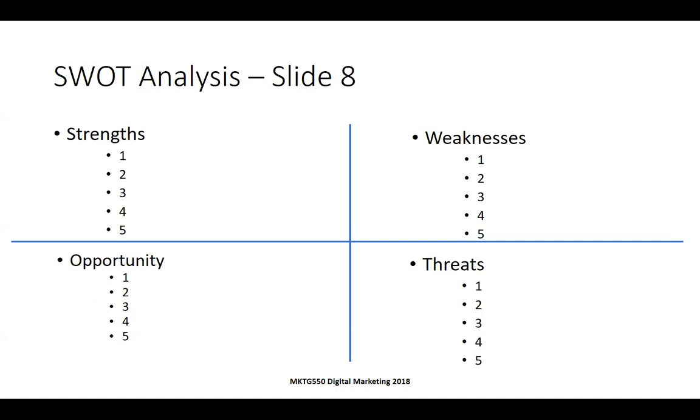Strength could be the company has a bunch of patents, or the weakness could be the company has no patents, right? Do you see? It could be one or the other. Strength could be, you know, Coca-Cola, tangible brand, right? Brand equity, brand awareness, right? So that's going to be a huge strength.